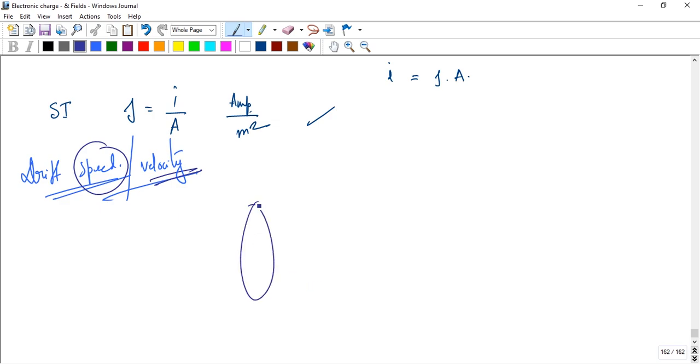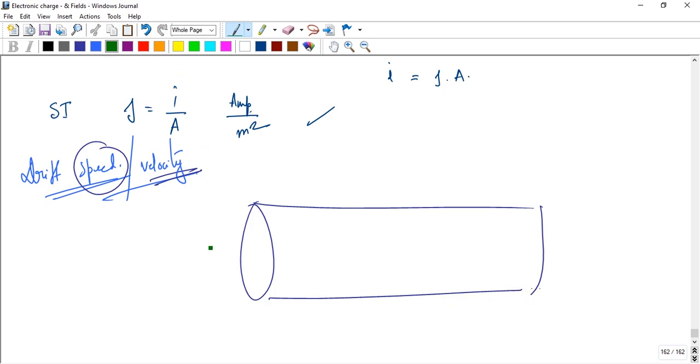In a conductor, before we apply a potential, the free charge particles move randomly in all directions.